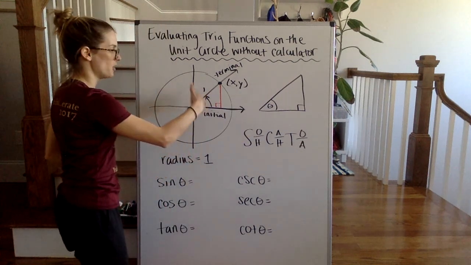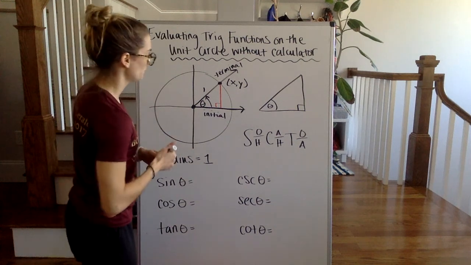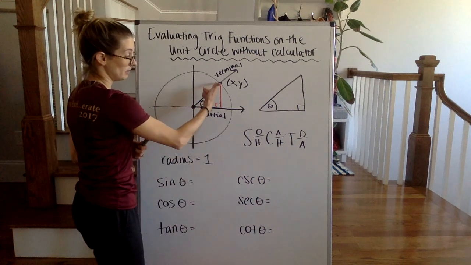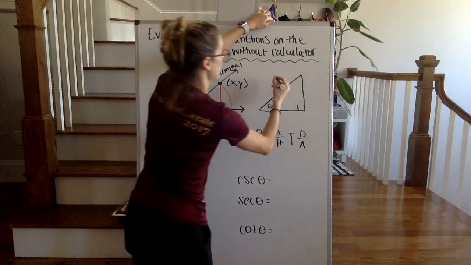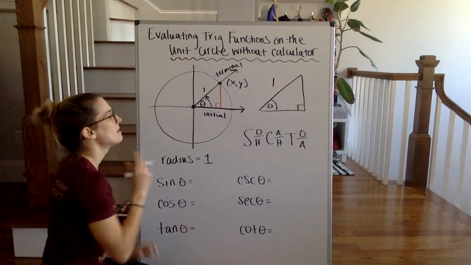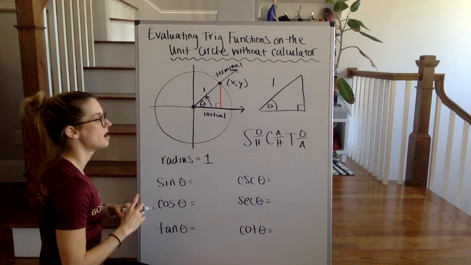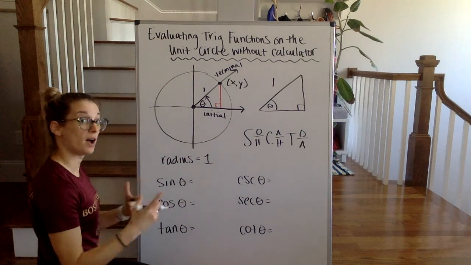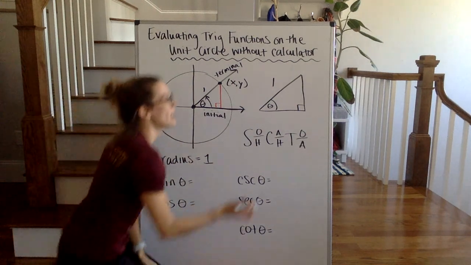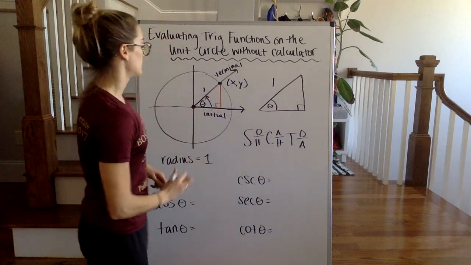And let's think about what we know about this triangle and maybe what we could label on this side. So I know the hypotenuse. I know the hypotenuse is 1, because that's the radius of the circle. Let's think about what else we know. We may not know actual numeric distances, but we have some representations for some other lengths on this triangle. We actually have a representation for this length and for this length. Now think back to the diagram.